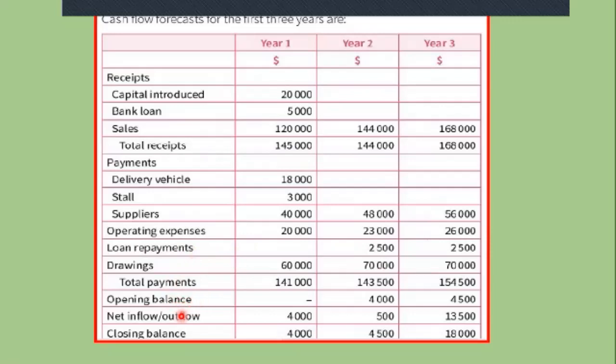The opening balance, net outflow, closing balance. Just how we had it in the last lesson, and it goes up and down here. Okay. So a cash forecast for 3 years.